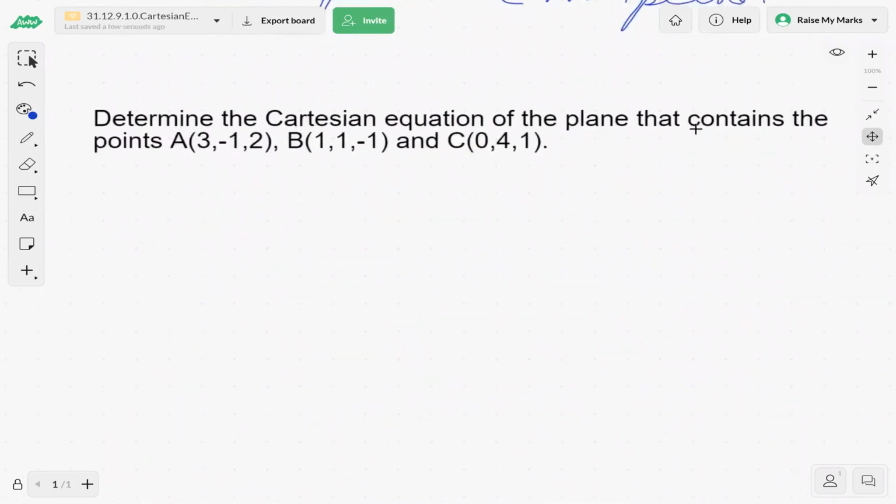Determine the Cartesian equation of the plane that contains the points A, B, and C. All right, so we have 3 points, A, B, and C. For the Cartesian equation of a plane, we need a normal. How can we find a normal given 3 points?